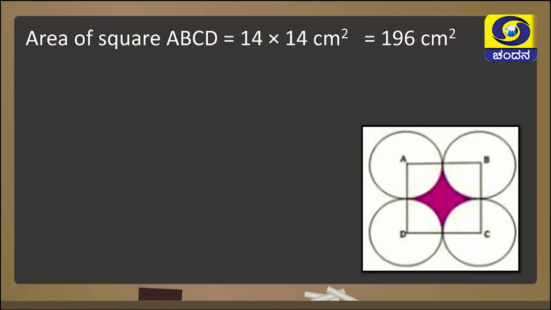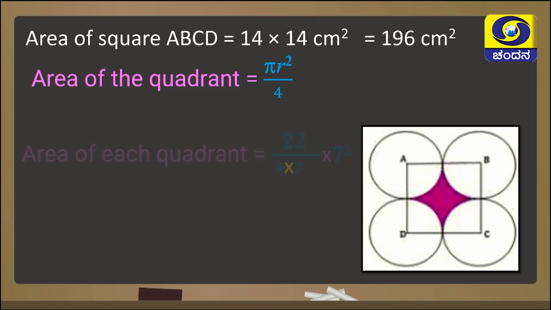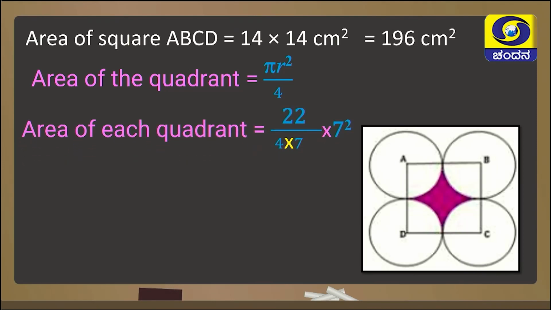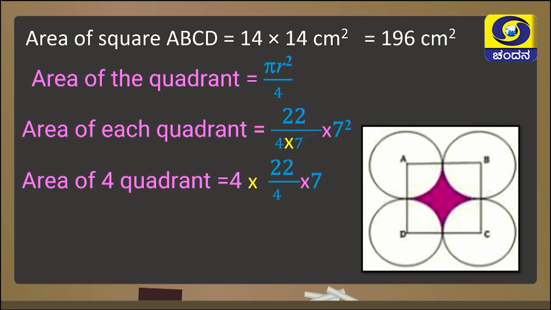Yes. Now, to find the area of the quadrant, we have the formula pi r square by 4. We know the value of pi, it is 22 by 7. We know the value of radius, that is 7 square. Substitute in it and simplify. The 7 in the denominator and 1 7 in the numerator cancel. We are left with 22 by 4 into 7.